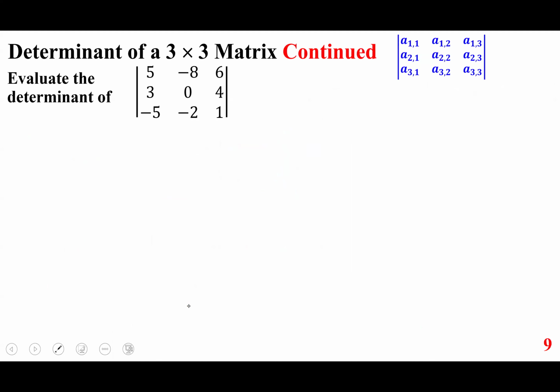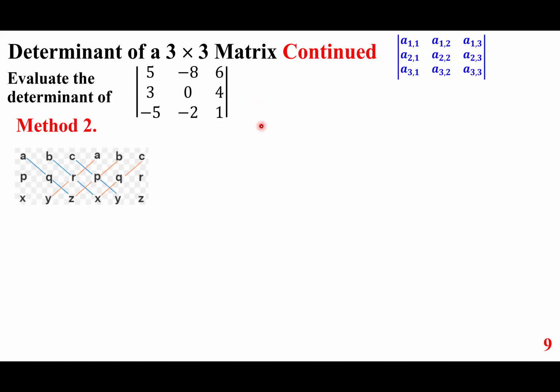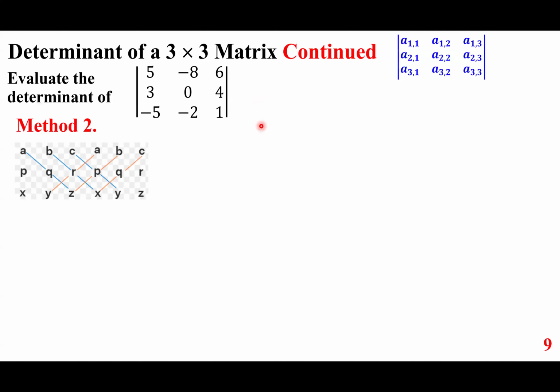Here's the second method I want to discuss. So we want to evaluate the determinant. So method 2, you put two of them next to each other. So this is one of them.